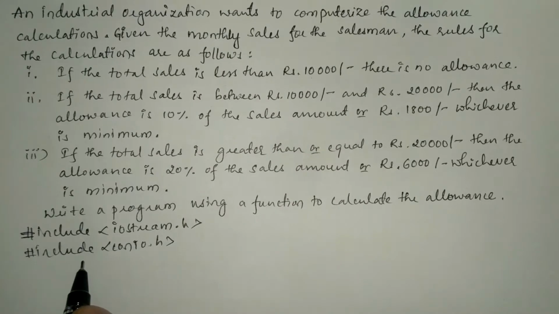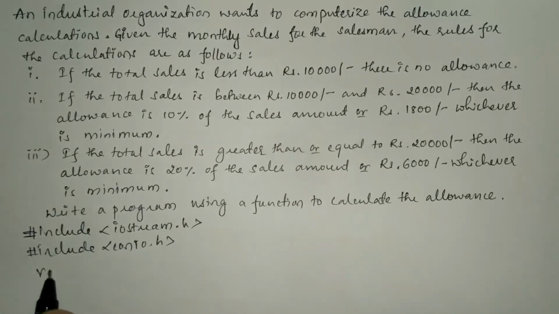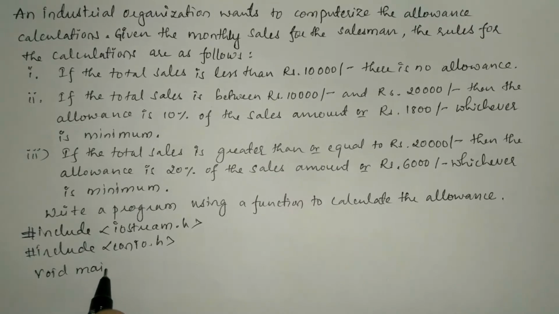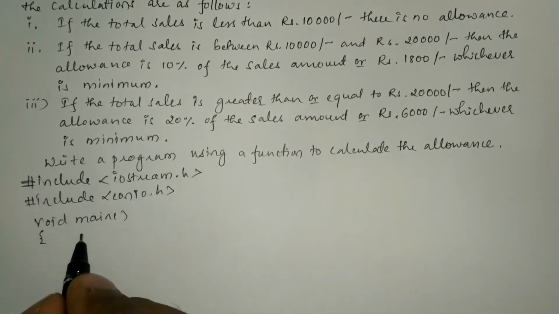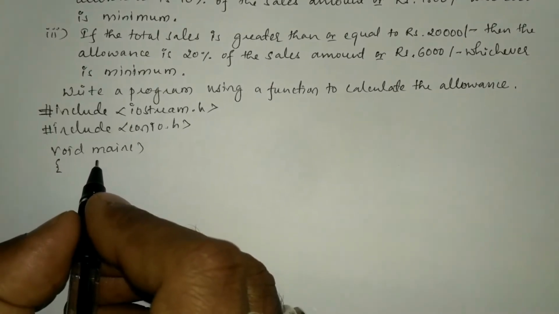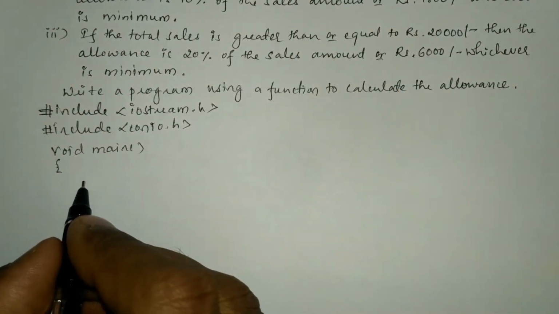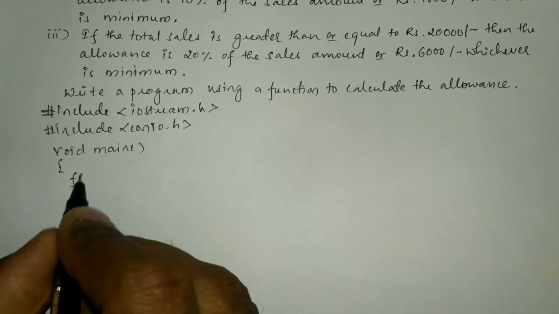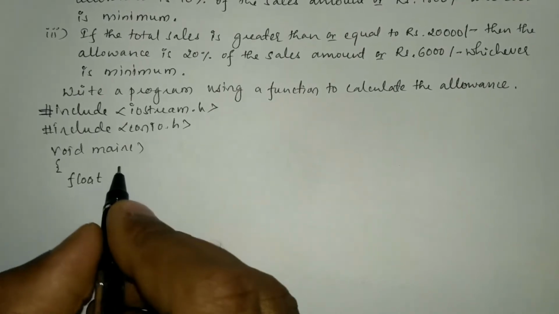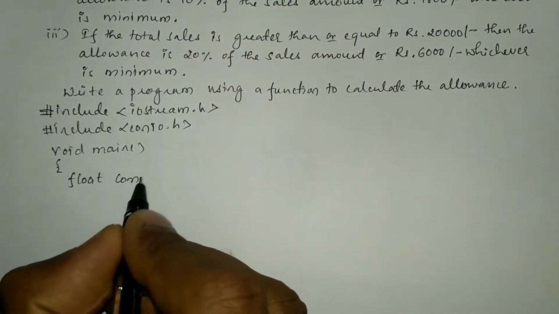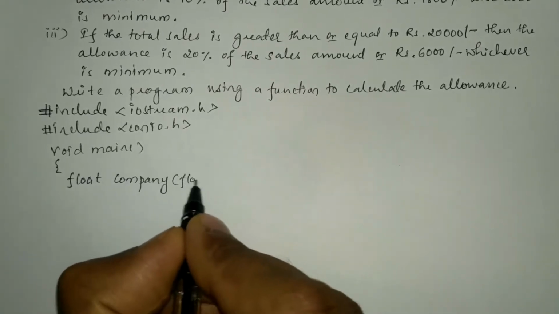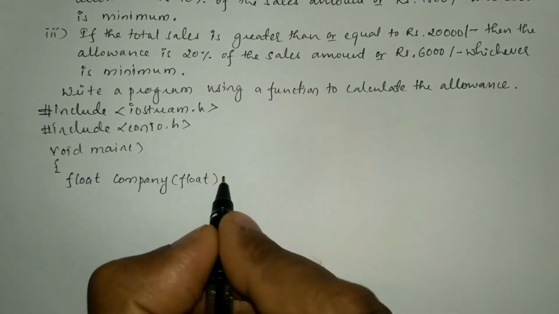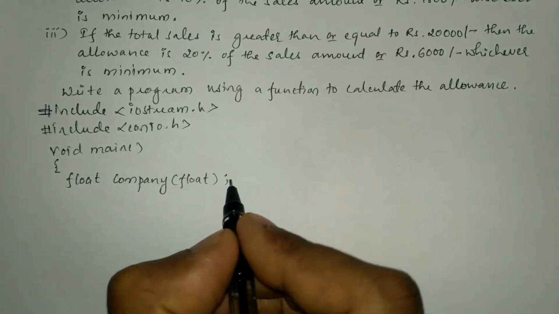Now let us go for writing void main function, curly open brace, and here we are going to declare the function before defining it in the program. Here I'm going to write the return type called float, and the name of the function is company, and here I'm going to pass one float type of data, and here I'm going to put semicolon.